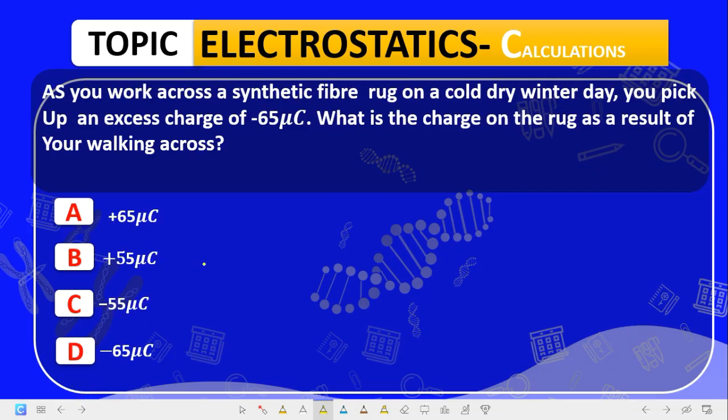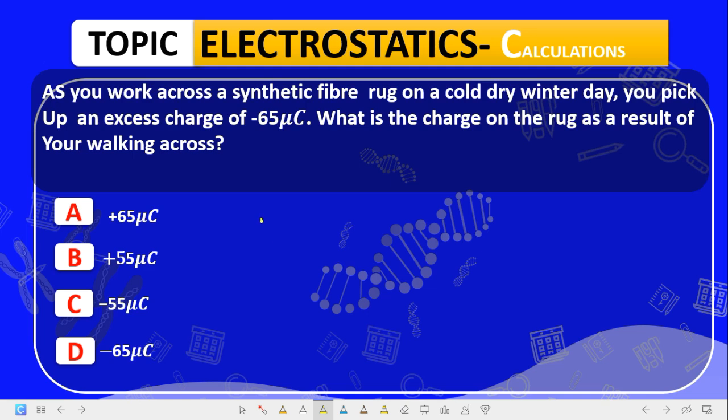Now as you walk across a synthetic fiber rug on a cold dry winter day, you pick up an excess of minus 65 microcoulomb. What is the charge on the rug as a result of your walking across? Now the law of conservation of charge states that whenever a charge is created, an equal amount of that charge but different in sign will be simultaneously created, so that the total charge in the system will be conserved.